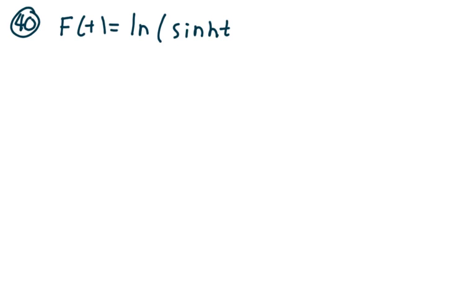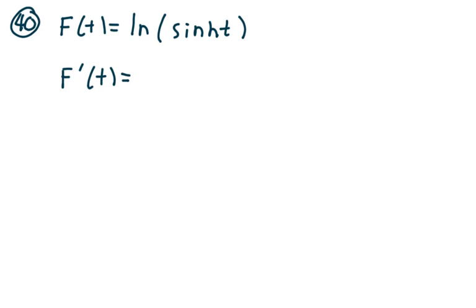And I want to take a look at 40. So on problem 40, we have f of t. Again, very subtle, but now we're taking natural log of sinh t. And so when I want f prime of t, you're going to get a completely different answer than 39, because now my outside function is the natural log function.